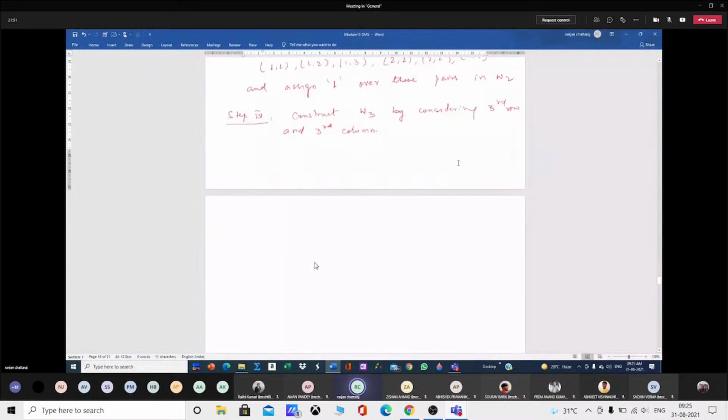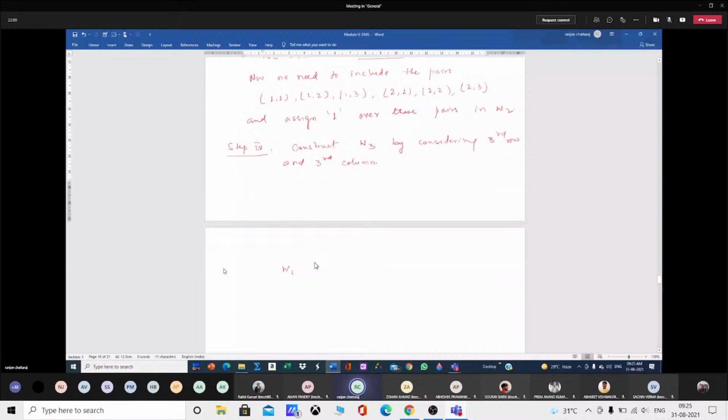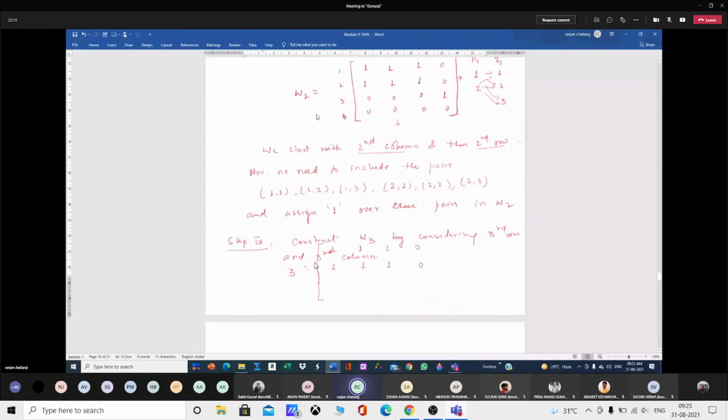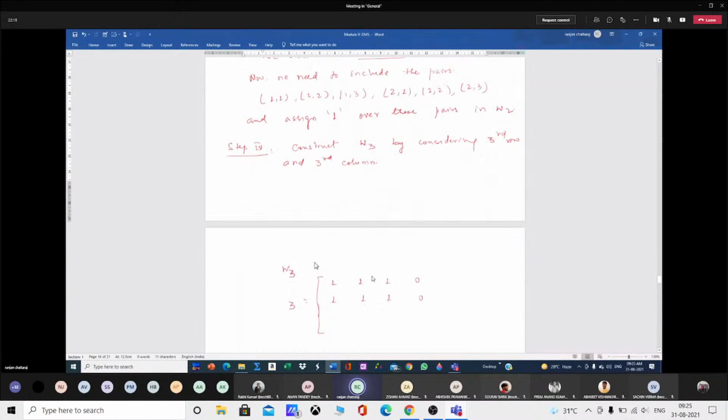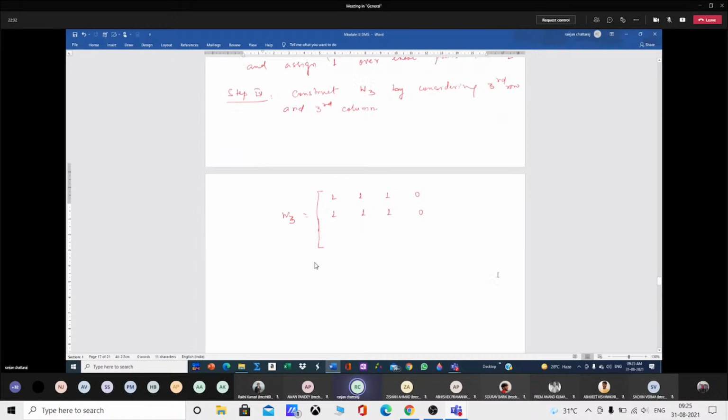It is 1, 1. So first we write the W2. We construct the W3 first. W3 is 1, 1, 1, 0, 1, 1, 0. The rest is 1 over the rest of 0. So don't write 0 over here.